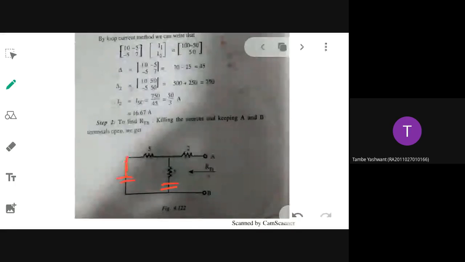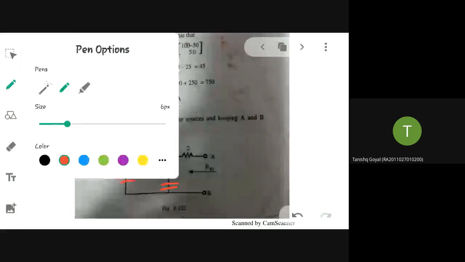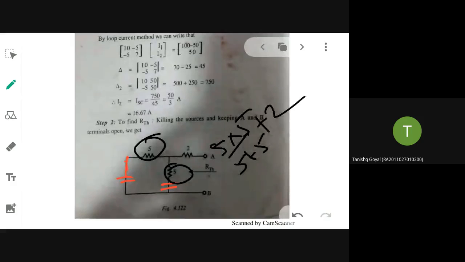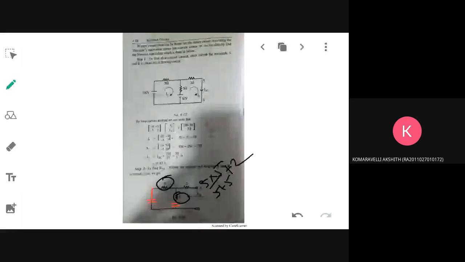5 and 5 are in parallel. So 5 into 5 divided by 5 plus 5 plus 2. So what's the answer? What is your RThevenin? 4.5 ohm. Let's check 4.5 you say.